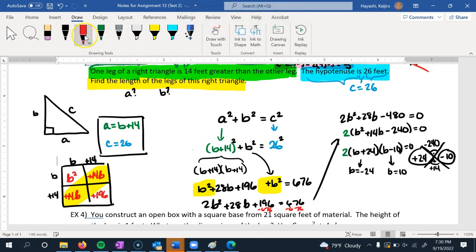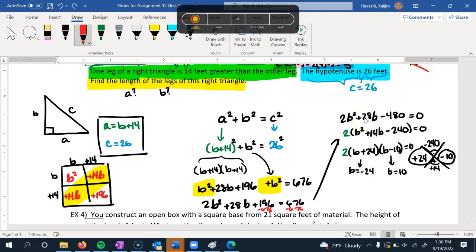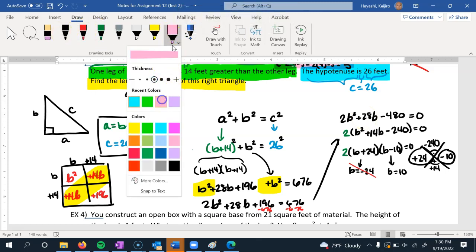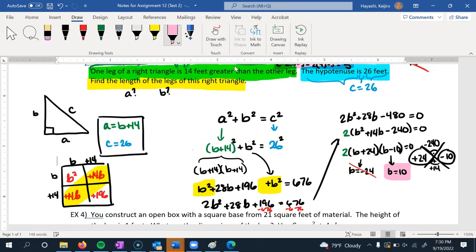Which one of these is not a realistic length of a triangle leg? Negative 24. So one of the legs is 10. Specifically, that's the shorter leg. So we know that b is 10.